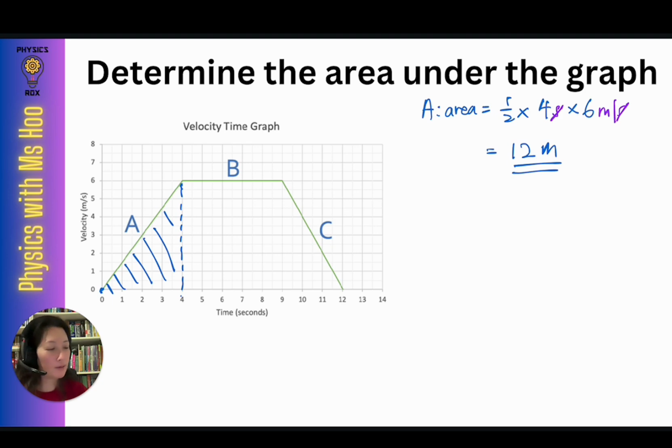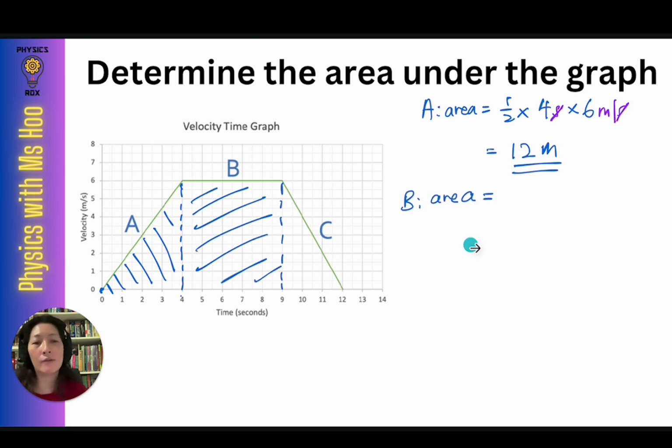Now look at B. For B, we have a rectangle. So I'm going to shade here. To calculate the area, we're going to get the length times width.